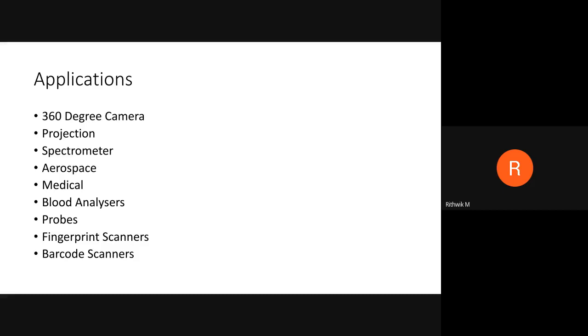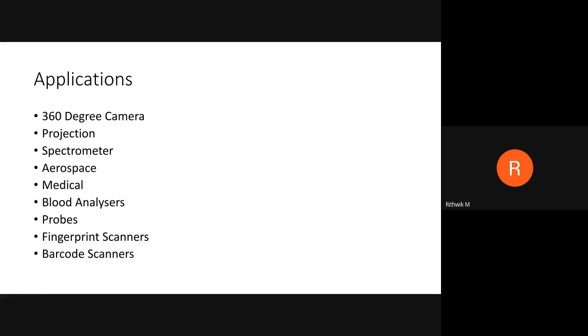The main areas are 360-degree cameras, projectors, spectrometers, aerospace applications, medical applications, blood analyzers, probes, fingerprint scanners, barcode scanners, etc. In all these kinds of applications, we use diamond turn machining.